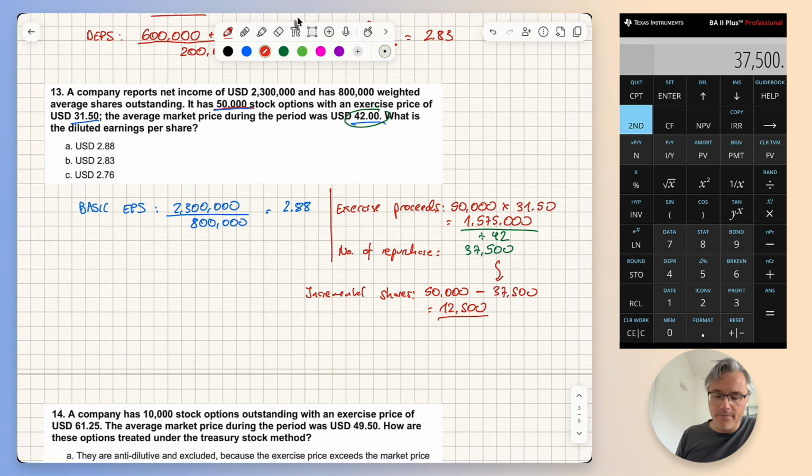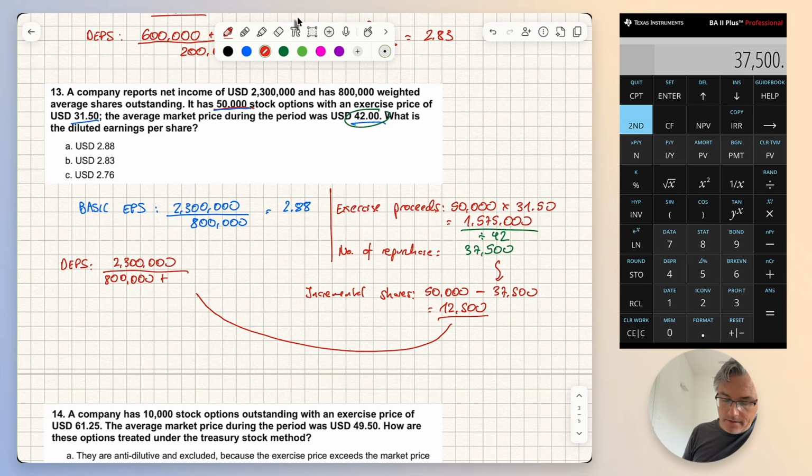That's the shares that the company would need to issue for free without commensurate compensation. The EPS, therefore, becomes 2,300,000 divided by the existing number of shares outstanding, and now add this 12.5.